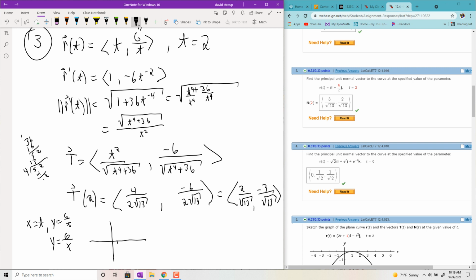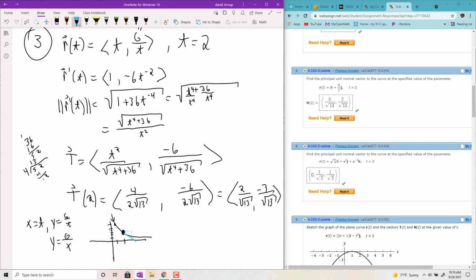At 1, it's at 6. At t equals 2 or x equals 2, it's at 3, right here. And so the orientation is going downwards like this. This is the point we care about. The unit tangent vector given there has positive and then negative.